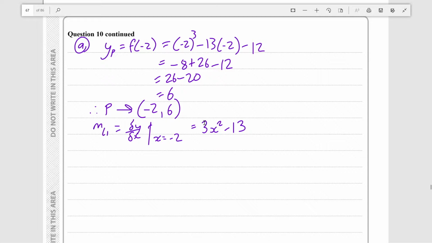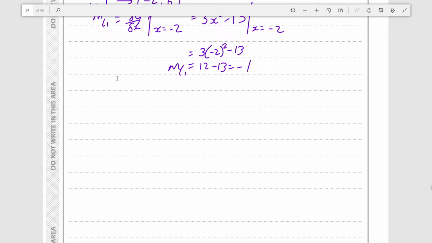So for x is -2, this is equal to 3 times -2 squared minus 13, which is equal to 12 minus 13, which is equal to -1. So the gradient of L1 is -1.